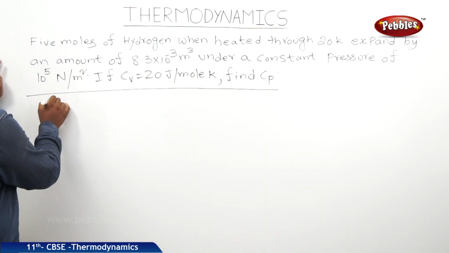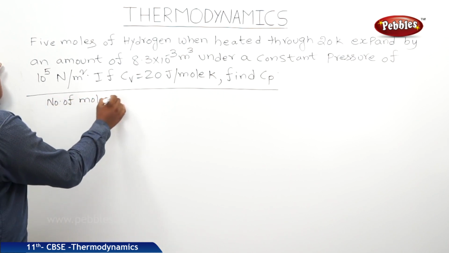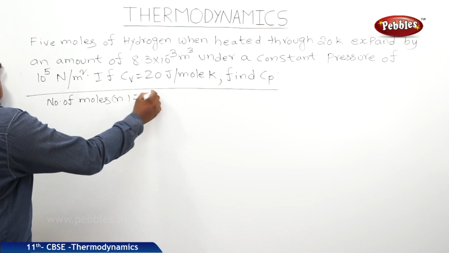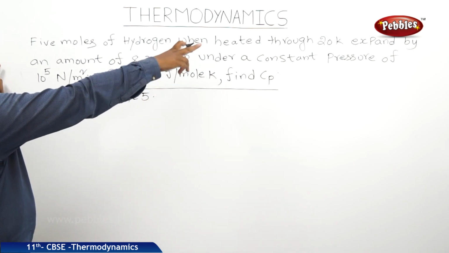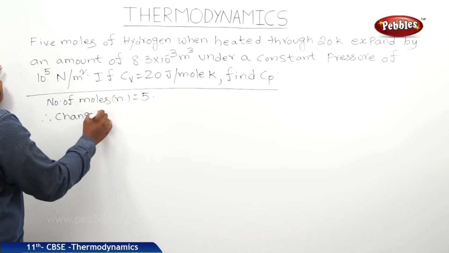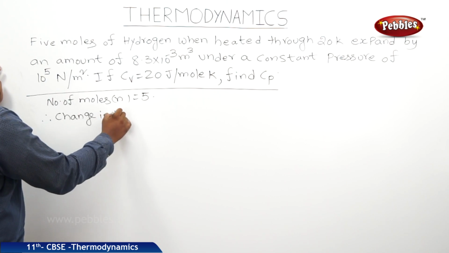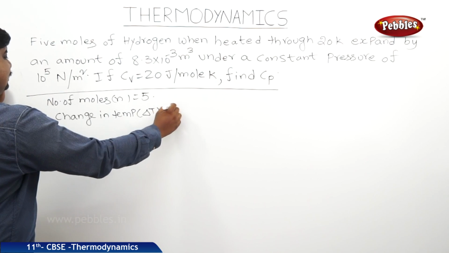Number of moles, n is equal to 5. Hydrogen when heated through 20 Kelvin, so the change in temperature delta T is equal to 20 Kelvin.